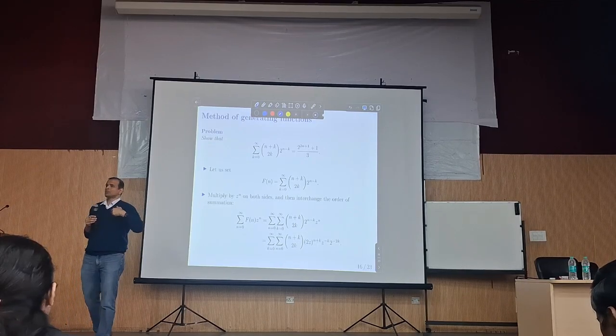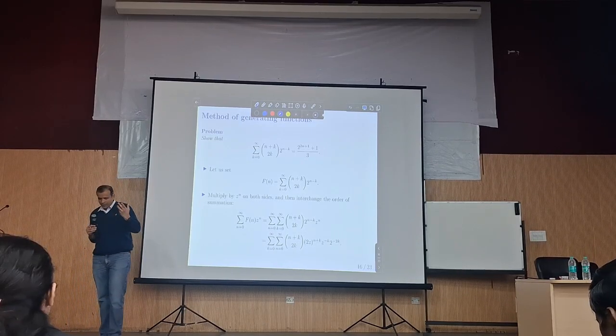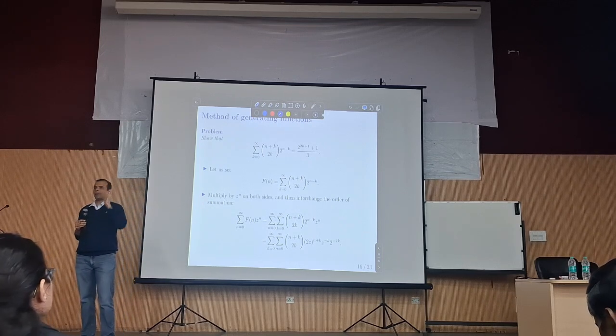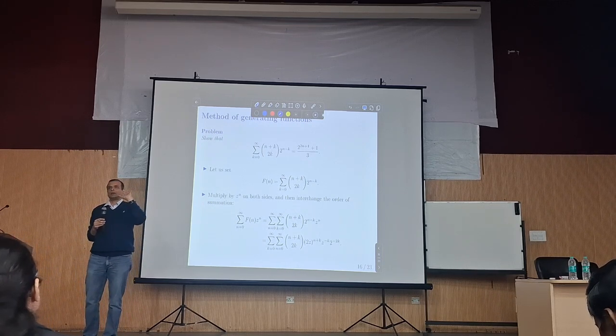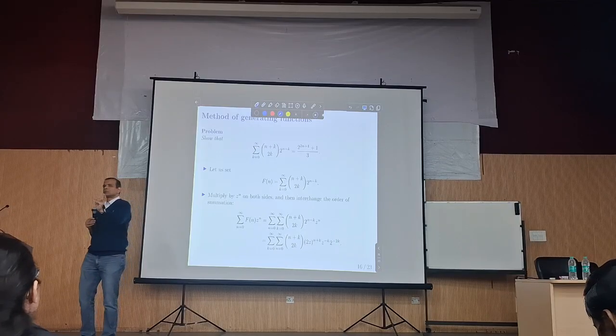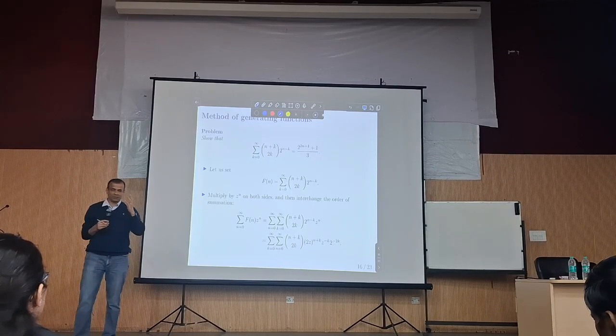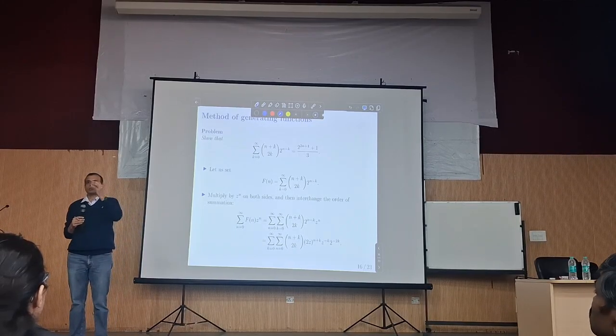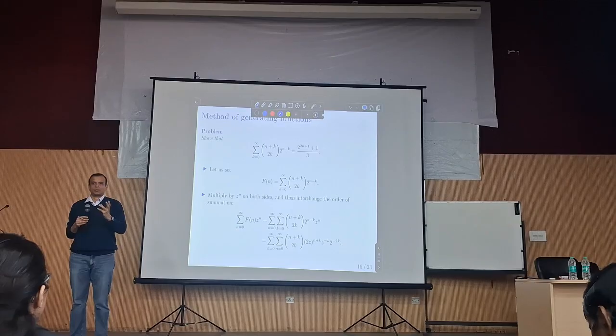So when I was a student, my teacher told me that magic happens when you add and subtract a suitable quantity. So for instance, the Leibniz rule for the derivative comes from adding and subtracting a suitable quantity.